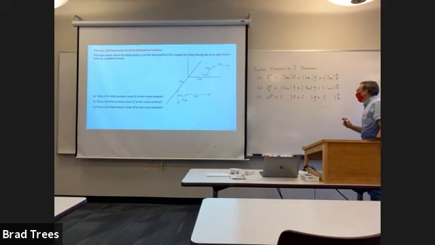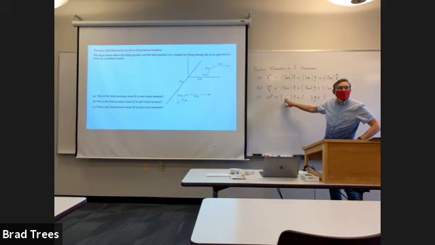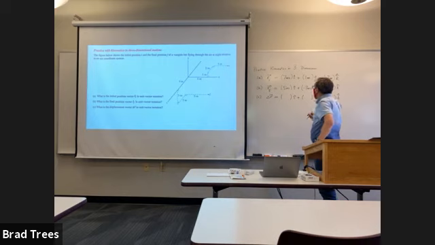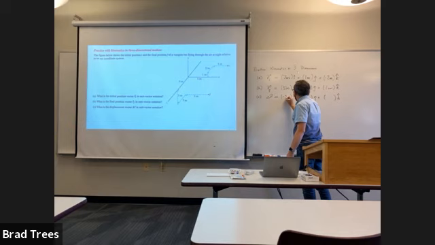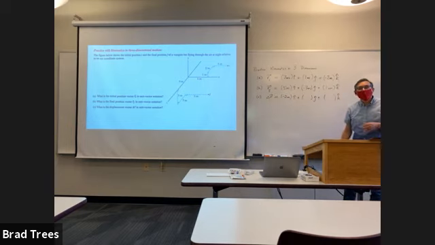Okay, what did you get here? This would be delta x. Right? X final minus X initial. That's what delta X means. Negative 2 meters. The X component of the displacement is negative.